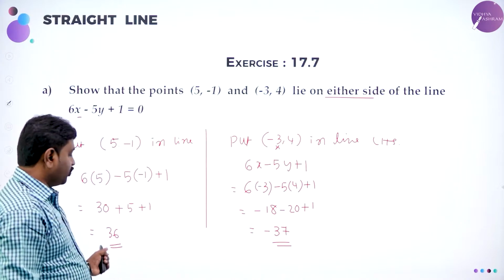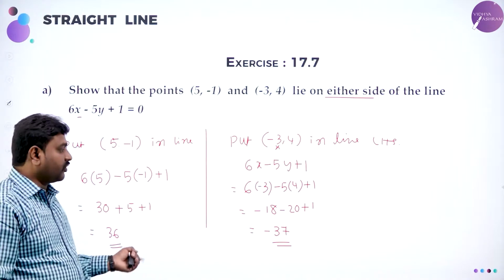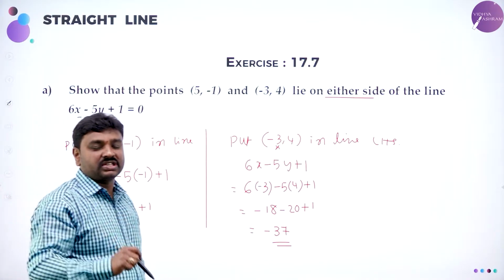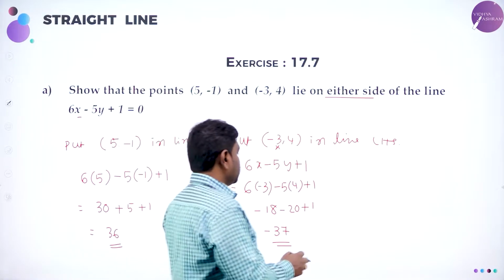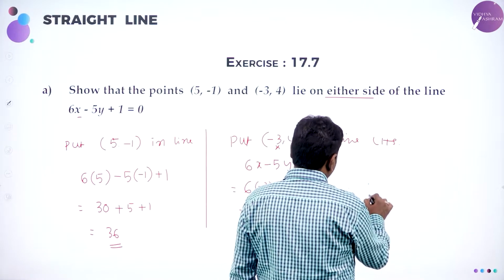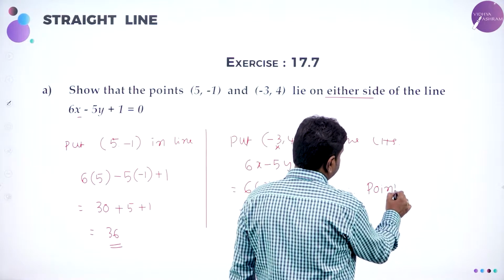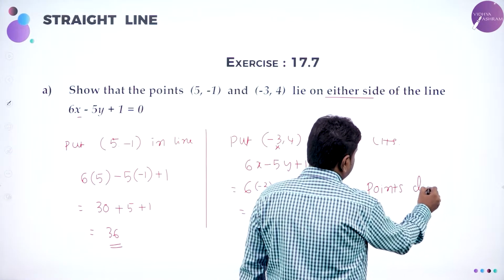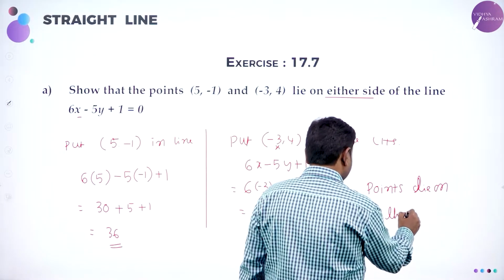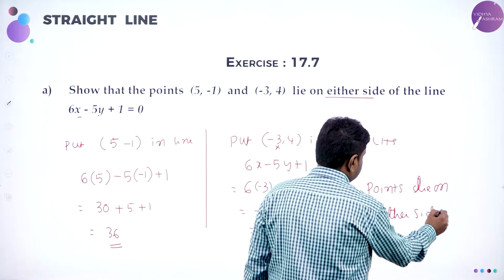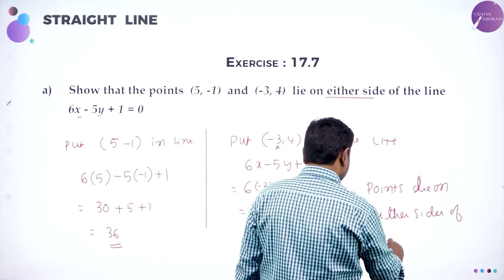See, one we have positive, one we have negative. They are of opposite signs. If you get opposite signs, they lie on either sides. Therefore, the points lie on either sides of the line.